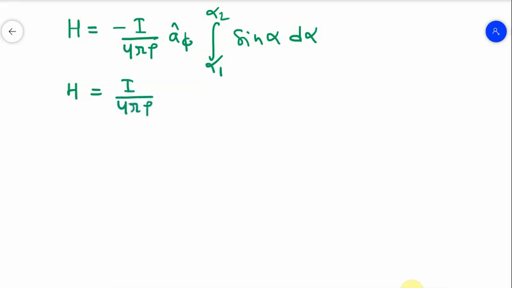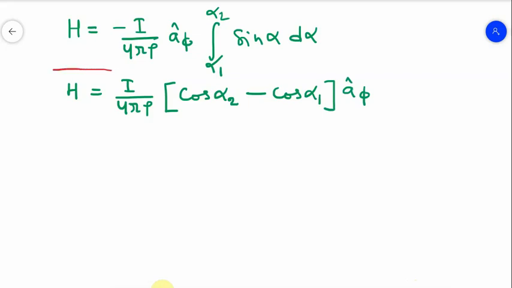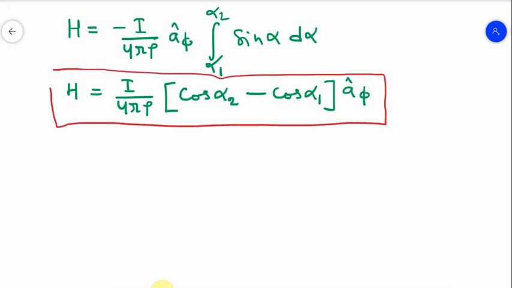This minus we can manage inside while solving this integration, and this will be cos alpha 2 minus cos alpha 1. Okay, and the direction will be this a phi. So this is the magnetic field intensity at the point P due to a straight conductor.